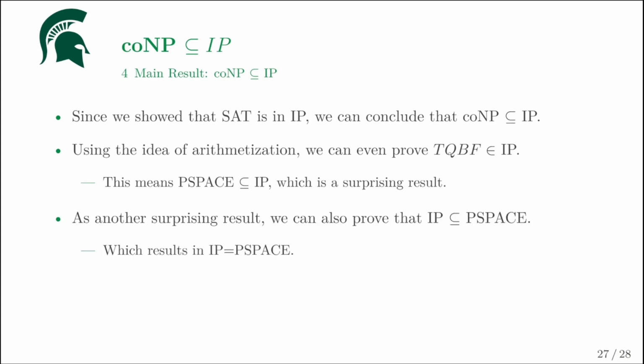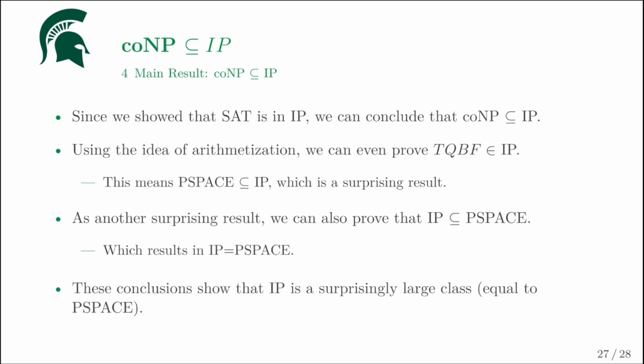As another surprising result, we can also prove that IP is a subset of P-space. Combining this with our previous proof, this results in the fact that IP is equivalent to P-space. These conclusions show that IP is a surprisingly powerful class of problems.